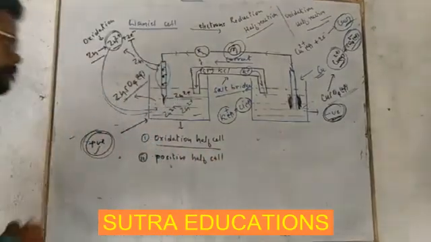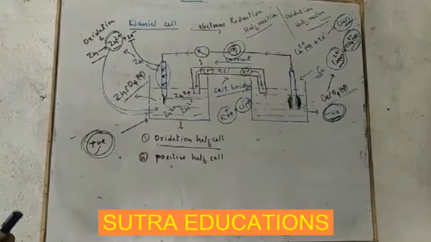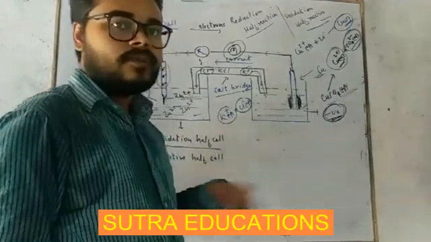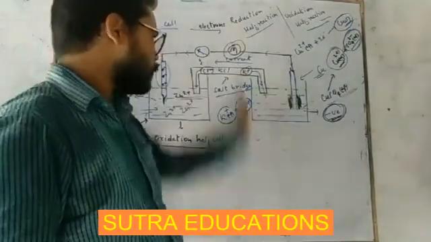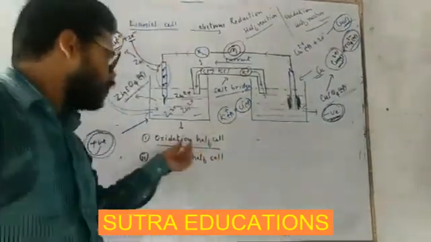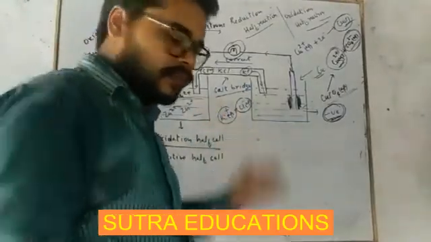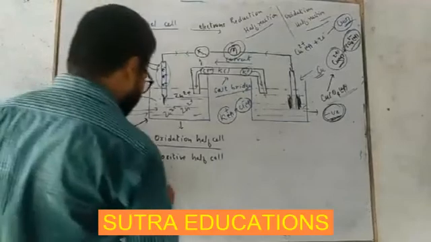Okay, now most of the time you will see the oxidation half cell present on the left side, so it is also called the left half cell.